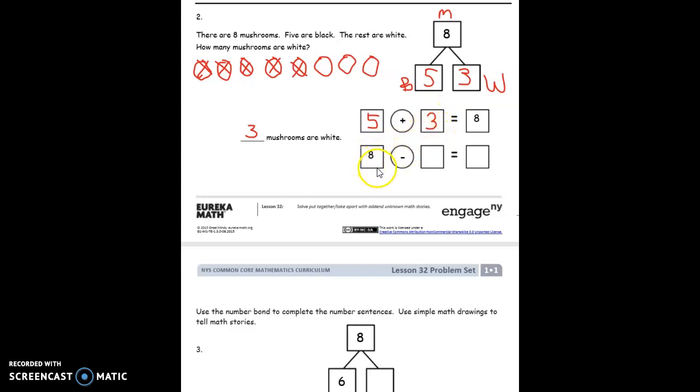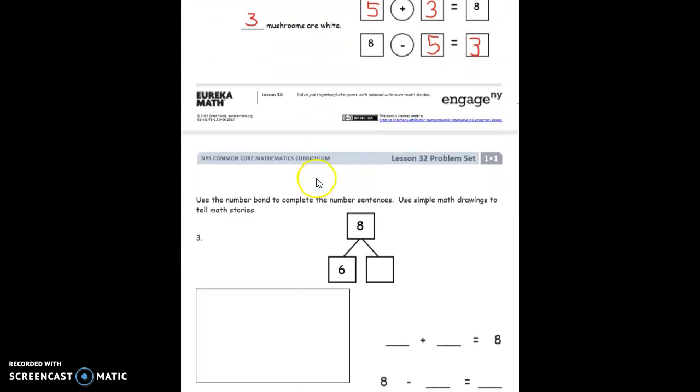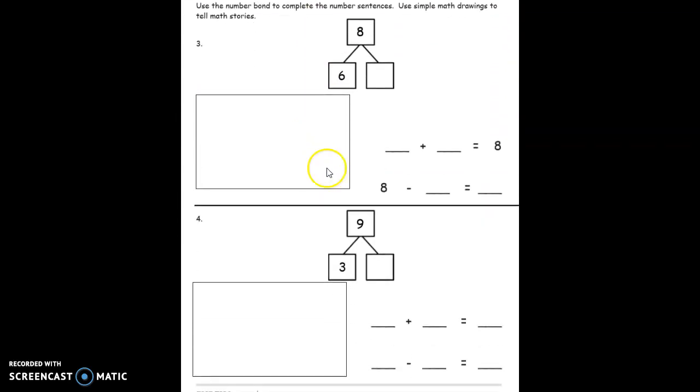Now look at your subtraction problem. How many black mushrooms did we have that we crossed out? Right, we crossed out 5. And how many were left over that were white? Yes, 3.